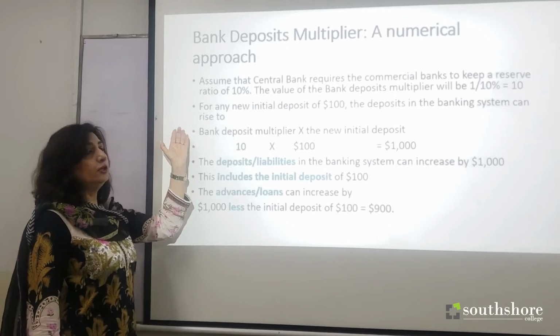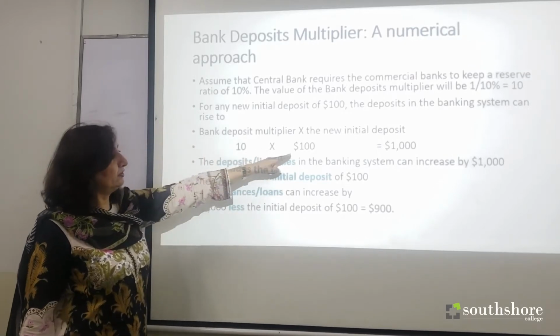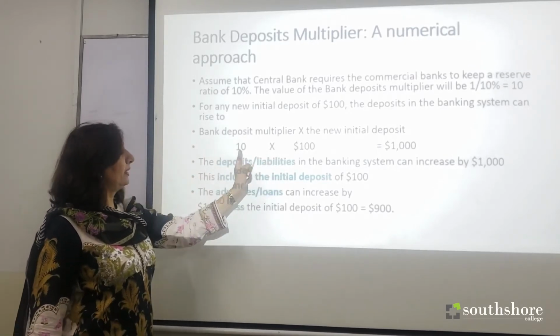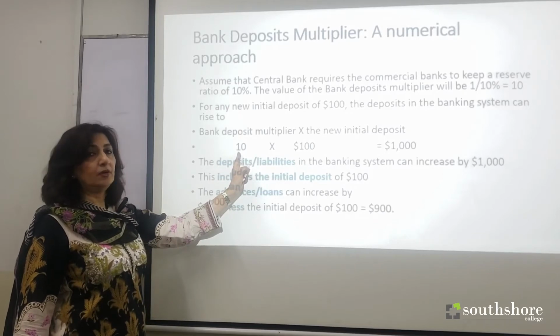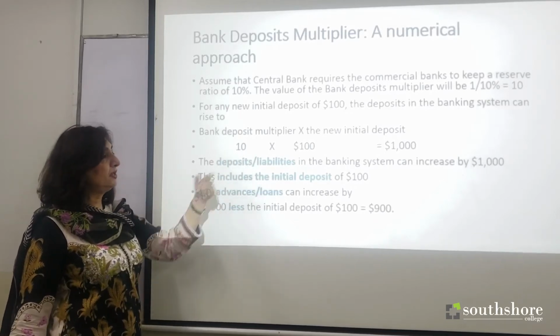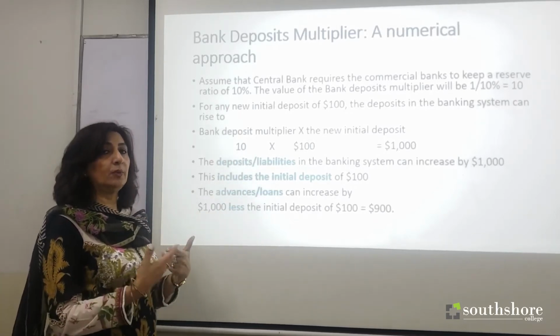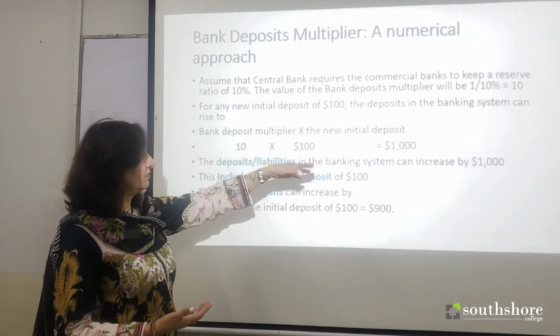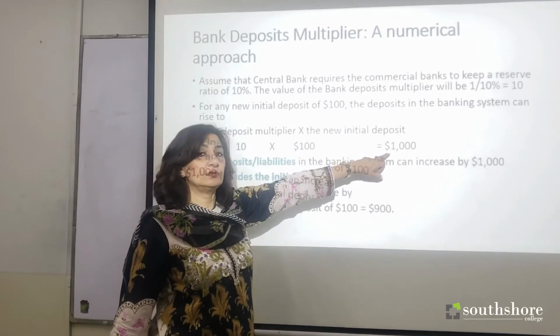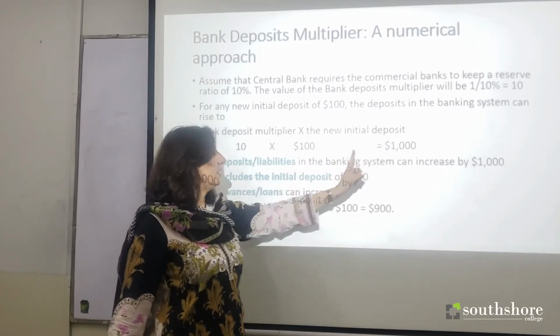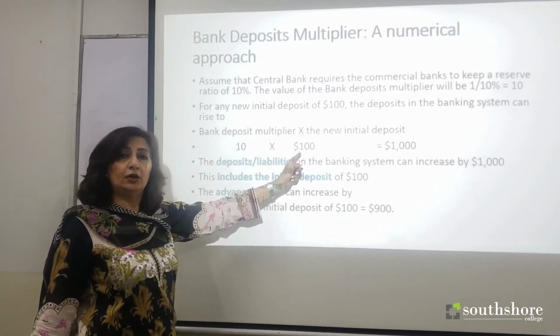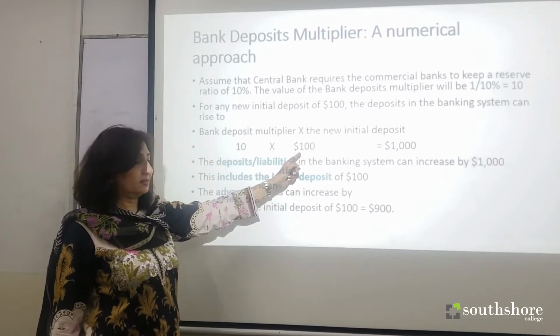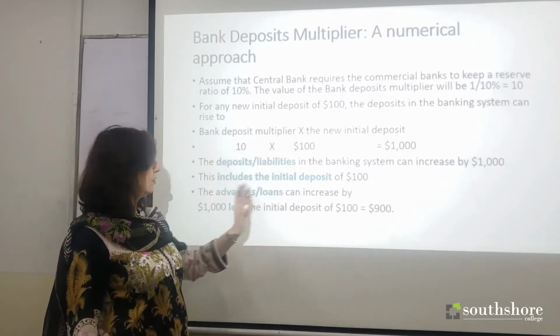So for any new initial deposit of $100, we will multiply it with this credit multiplier or money multiplier. This means overall deposits will be created to the extent of $1,000. And this $1,000 will include the initial $100. Let's see how this works. We will do a numerical this time.